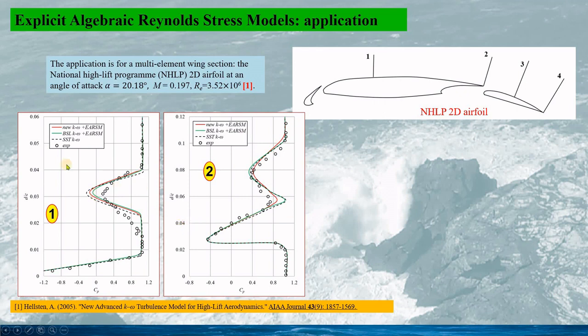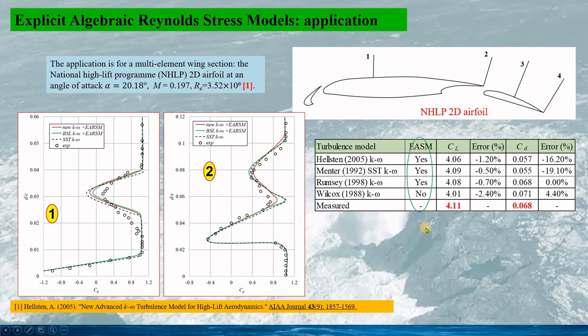Here the turbulence models include the new k-omega model with the explicit algebraic Reynolds stress model enhancement, Menter's baseline k-omega model with the explicit algebraic Reynolds stress model enhancement, and Menter's SST k-omega model. From the comparison with the experimental data for the pressure coefficient, we can see all 3 turbulence models predicted the coefficients very well for this very complicated flow.